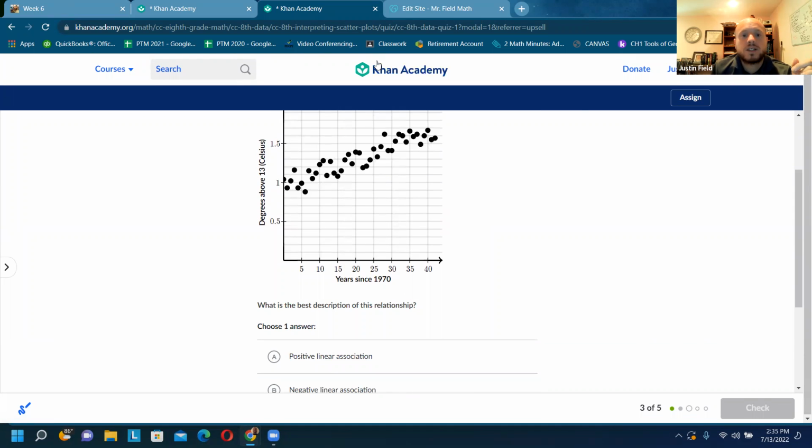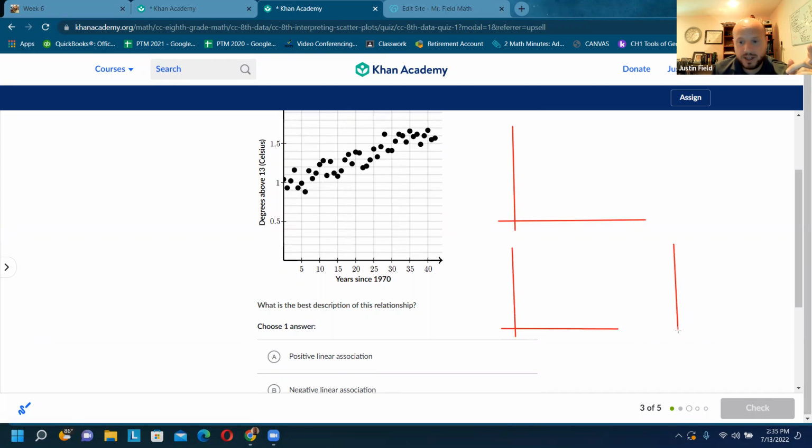So let's talk about the relationships that you can see in the data. It could be positive. It could be negative. It could be linear or nonlinear. And I'll put the no association over here.